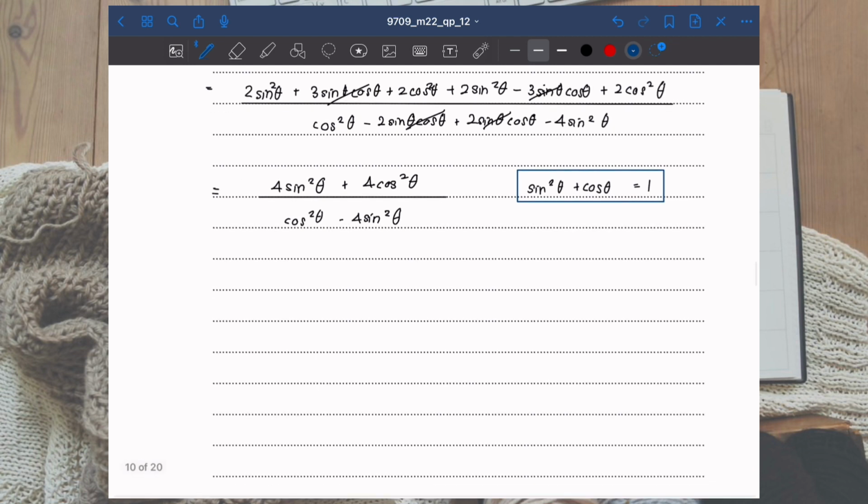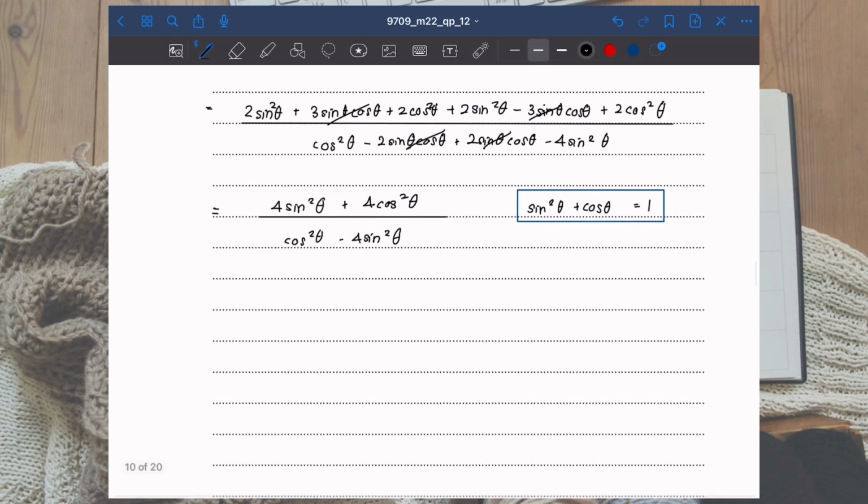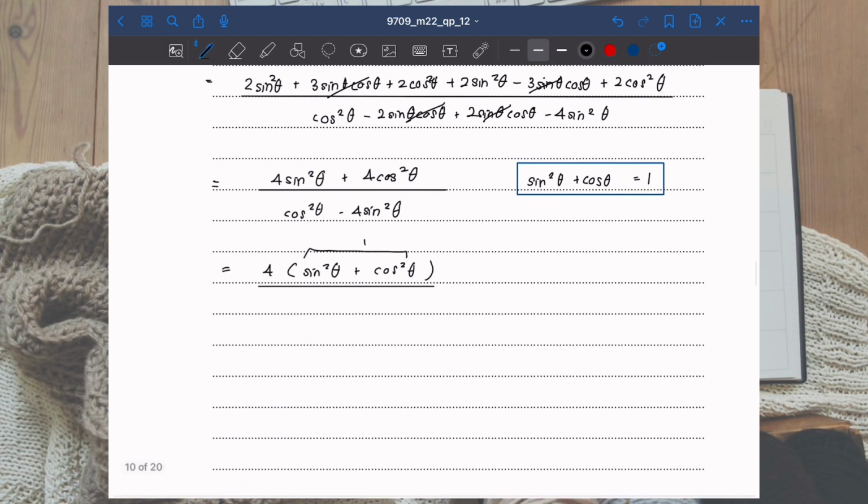So we can factorize out 4: 4 times (sin² θ plus cos² θ). So this one will equal to 1.